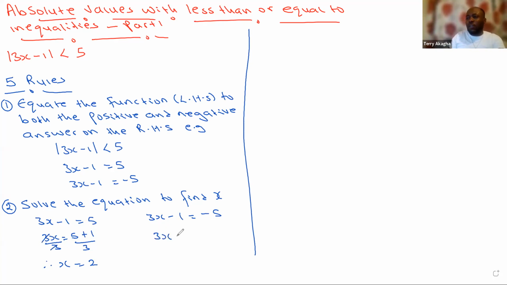So it's going to be 3x = -5 + 1, and I divide both sides by 3. My x is going to be, -5 + 1 gives you -4, so -4/3. You can leave your answer in fractions, that will be fine. So x = -4/3.